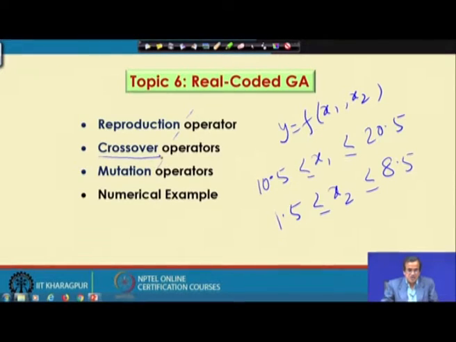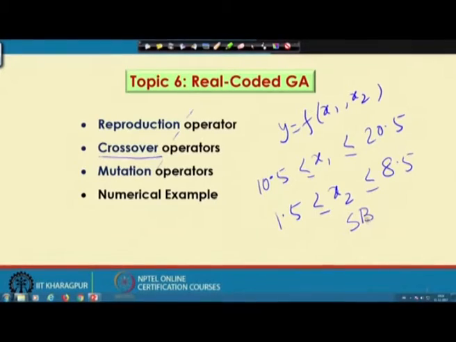Like, in some of our earlier applications, we used linear crossover, then the blend crossover, then the simulated binary crossover. These are the popular crossover operators, but there are a few others also. Out of these, simulated binary crossover gained much popularity.